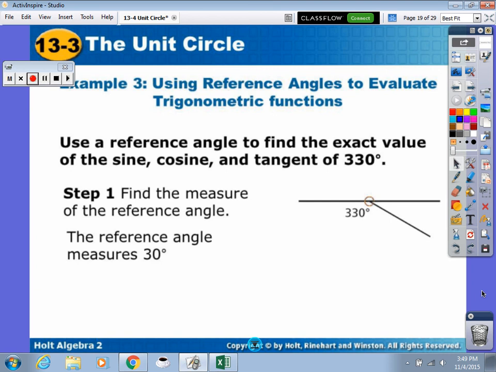If we went in the counterclockwise direction, starting at this side right here, went all the way around, we would have 330 degrees. Now if we overlay a quadrant on top of it, this ends up being in the fourth quadrant. Our reference angle is the angle that appears between the terminal side here and the x-axis here, and that would finish out as 30 degrees.